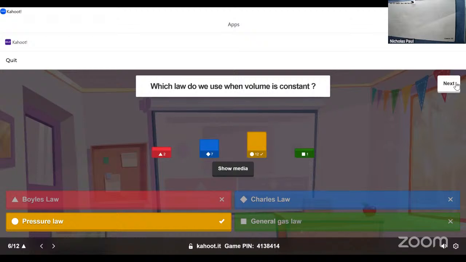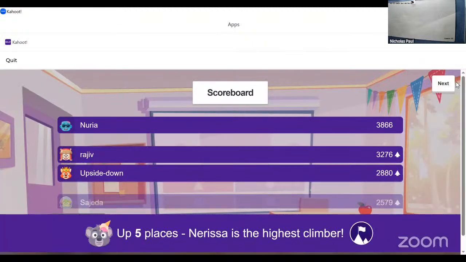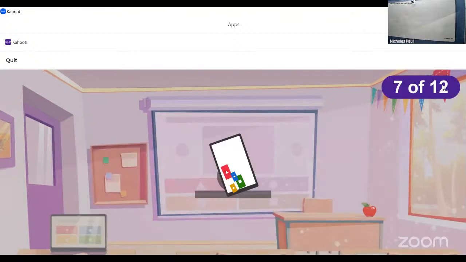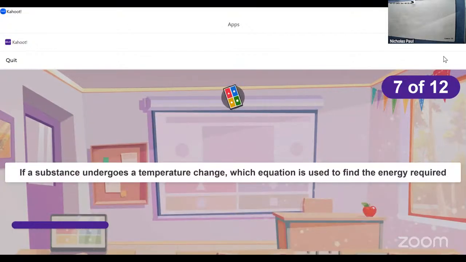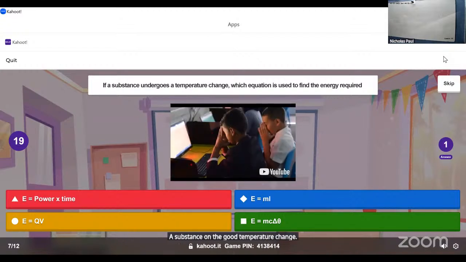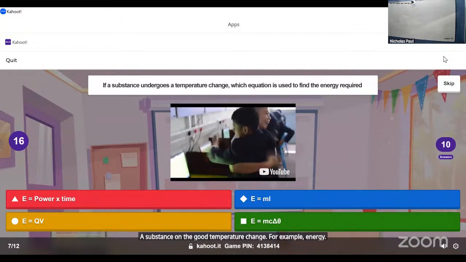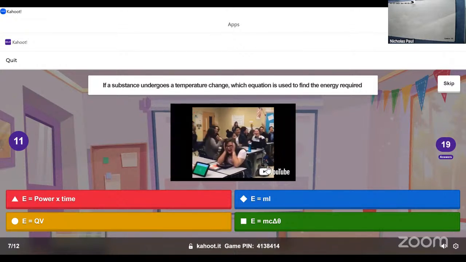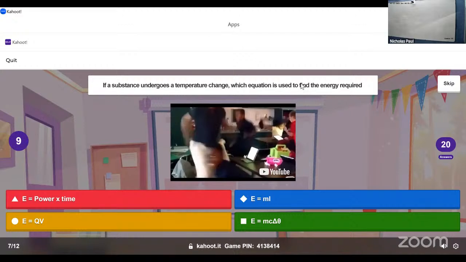But I get this one wrong too. When a substance undergoes temperature change, what's the equation for energy? Which formula then?